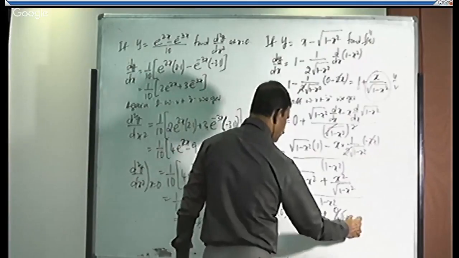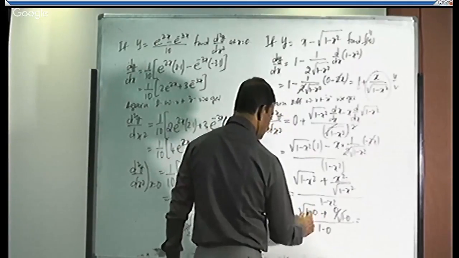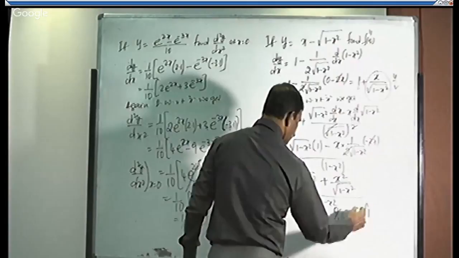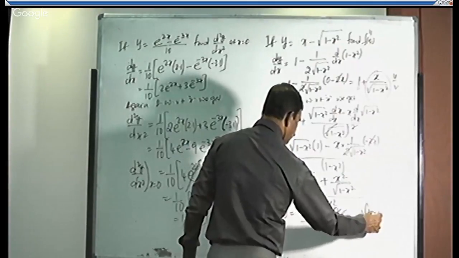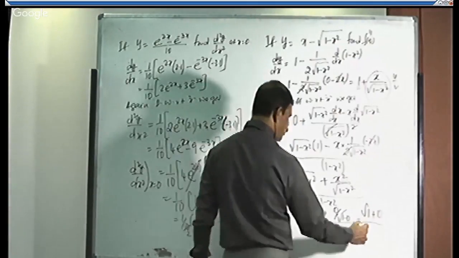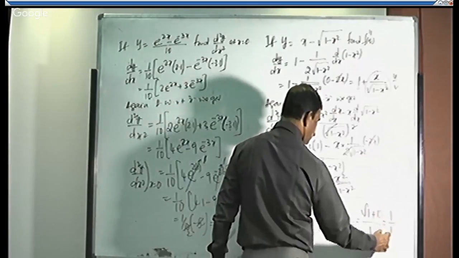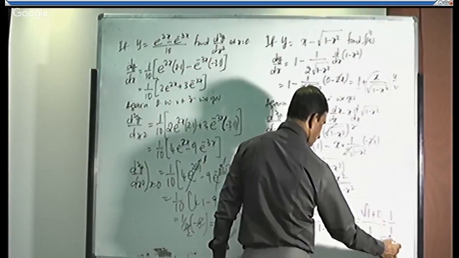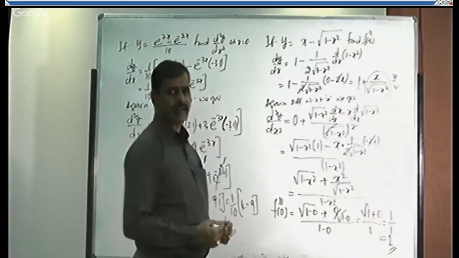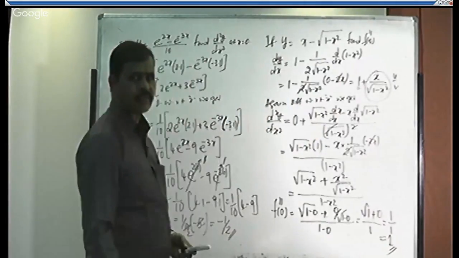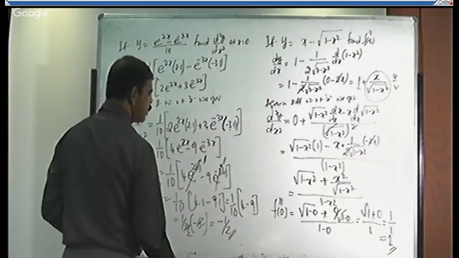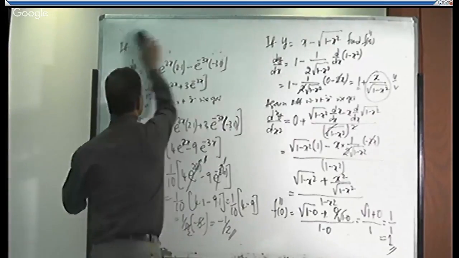Root 1 minus 0 is root 1, which is 1. Plus 0 by anything is 0, divided by 1 minus 0, which is 1. So it is 1 by 1. The answer is 1 only. The second derivative at x is equal to 0 gives you 1 only.